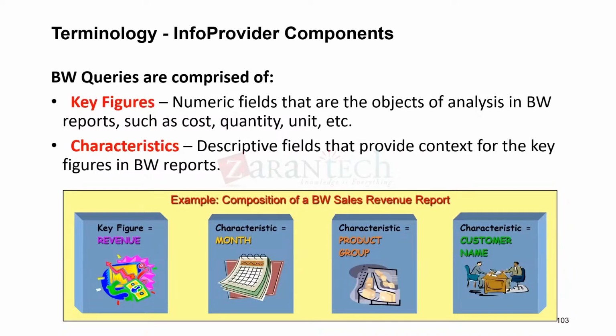So these are the numeric values, they are key figures. So in BW, the data is classified into two types: characteristics and key figures. Okay, do you understand the difference now between a characteristic and key figure?